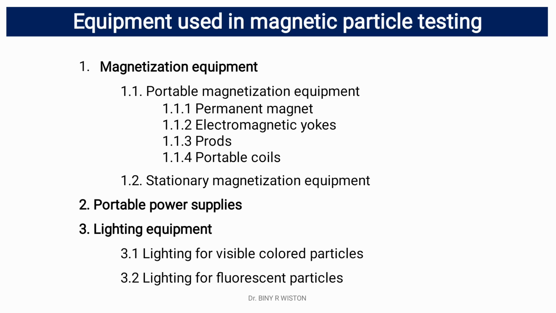Magnetization equipment can be broadly classified based on portability as portable magnetization equipment and stationary magnetization equipment. Portable magnetization equipment is suitable for inspection in the field. Typical portable magnetization equipment are permanent magnets, electromagnetic yokes, prods, and portable coils.